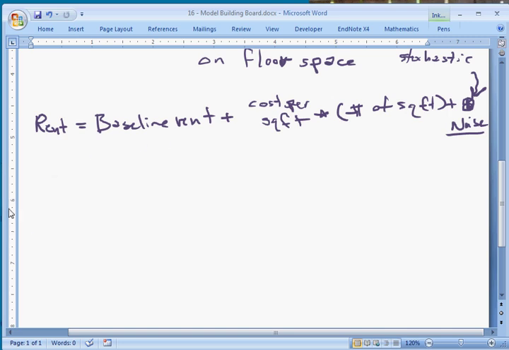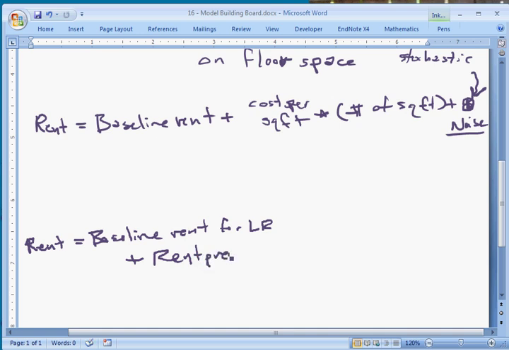Okay, that's one model, but we thought that might be bad. What might be different? Well, maybe there's a rent that's equal to the baseline rent for Little Rock plus a rent premium for being in New York. Maybe there's a rent premium, and that could be positive or negative.